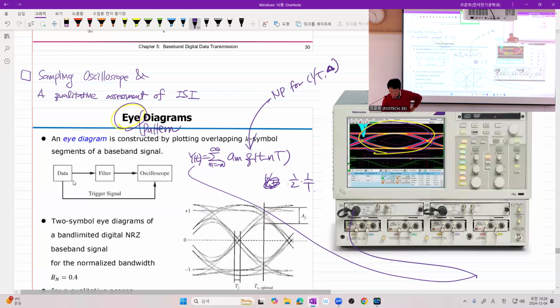Suppose your y(t) at some chunk looks like that. And you set the rate as this one. Then what happens? Your screen shows this part, and before it's gone, it draws that one.